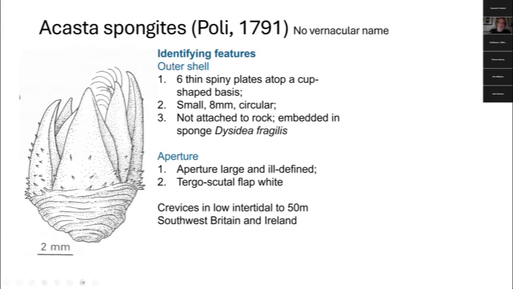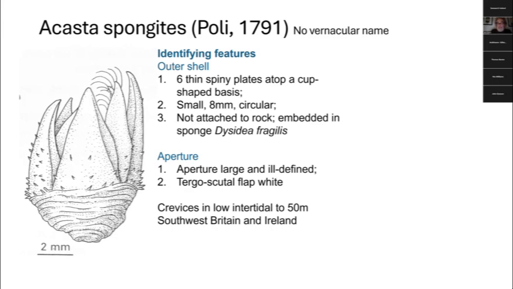In some ways, I reckon it looks not dissimilar from Adna, the previous species we were looking at. But with this one, the plates are all still separate. It has six thin spiny plates growing off a round, circular, cup-shaped base. It's a small species, and it's not attached to rock.